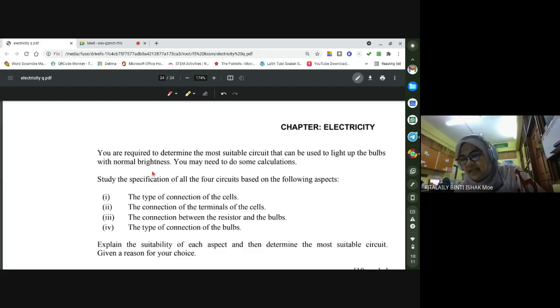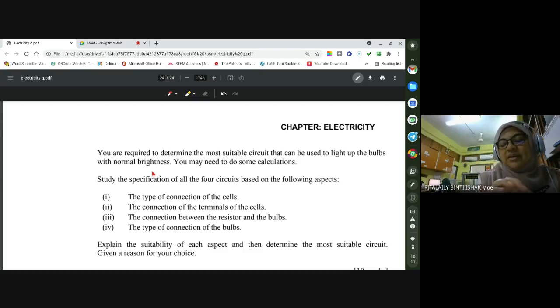Charge. Okay. When positive terminal is connected to negative terminal, what happened to the charge? Yes, the charge will flow.